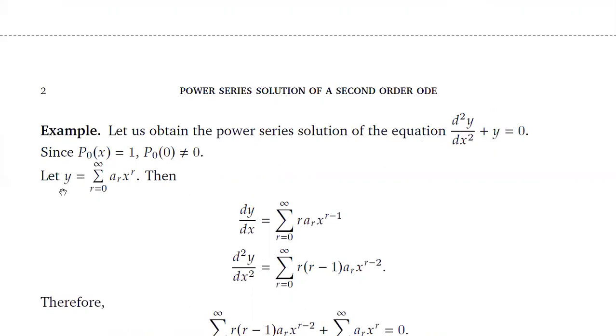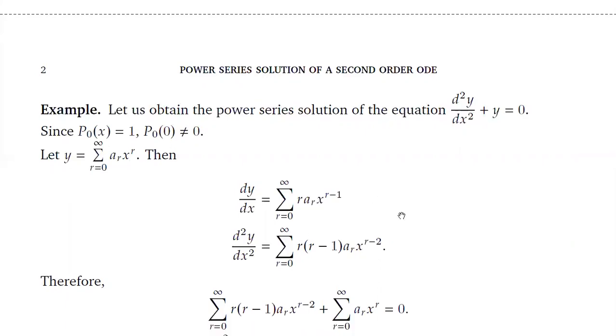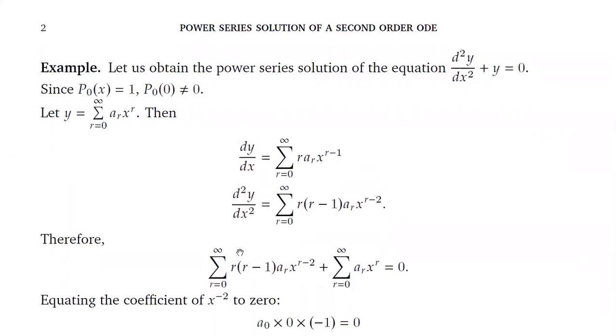So we say that the solution for y is nothing but summation r from 0 to infinity ar into x power r. Then we calculate the values of dy by dx and d square y by dx square. Now we put the values of y, dy by dx, d square y by dx square in this equation.